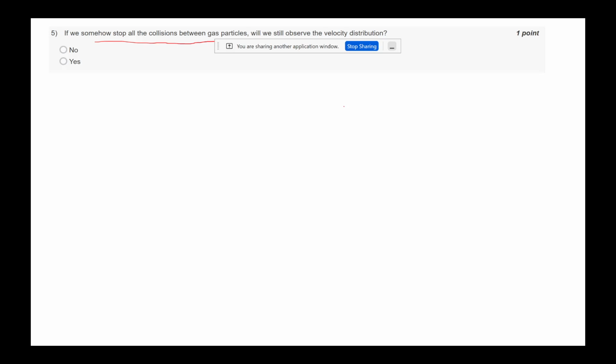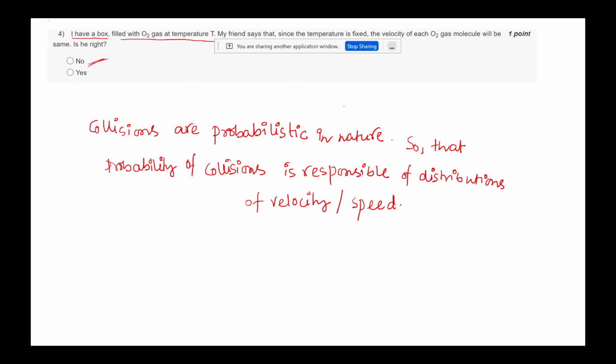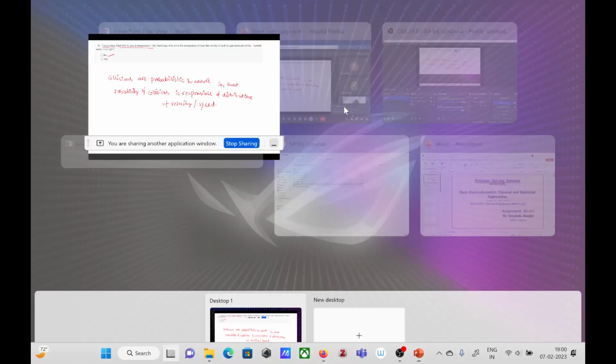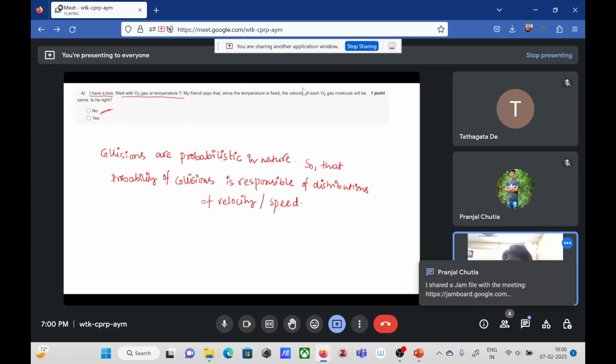Yes. So basically, what we will say is that the collisions between these particles, which are due to the temperature or the thermal agitation, are the source of this velocity, right? They are colliding with each other. That's why this velocity emerges. Yes, that creates a distribution.